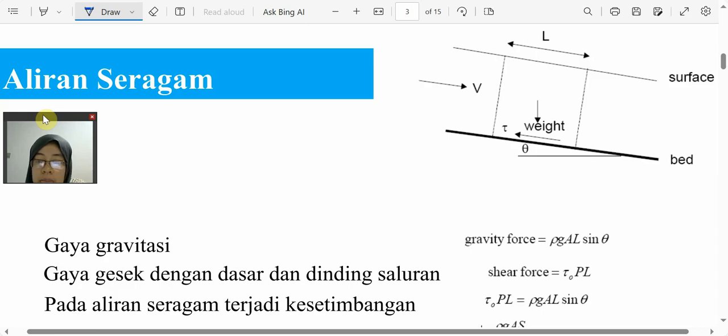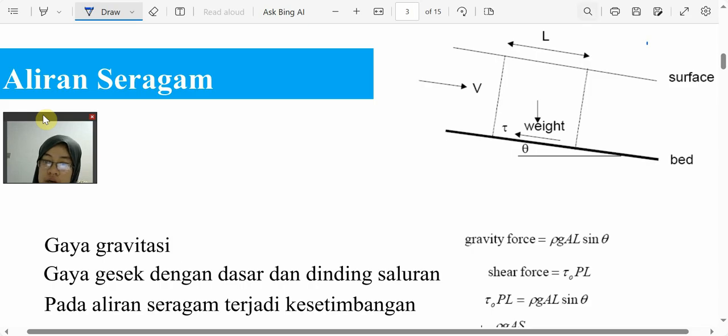Okay, many equations use these assumptions when they create the roughness equations, or the velocity equation that considers the roughness factor. Okay.